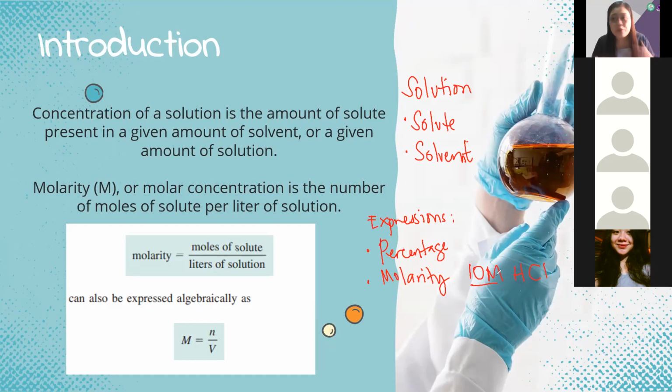Most of the time, we use molarity in expressing the concentration of our chemical substances. Though you can see percentage, we'll seldom see percentage in the lab. We don't really use the percentage that much when it comes to expressing our concentration.